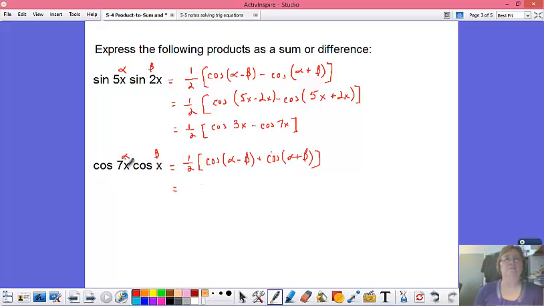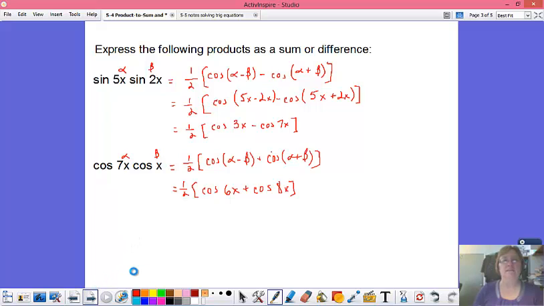And again we're going to just substitute in our values. So we're 1/2 cosine alpha minus beta, so 7x minus x, that's 6x, plus the cosine of the sum of alpha and beta, so 7x plus x, 8x. And there you have it. We've used those two identities.